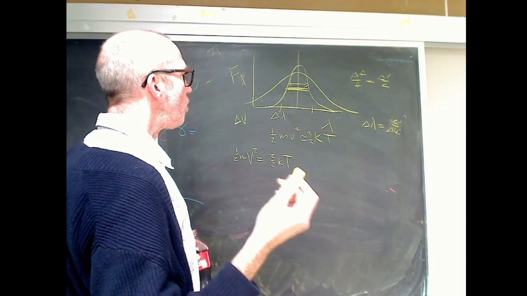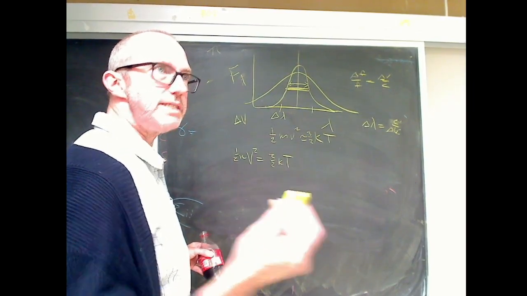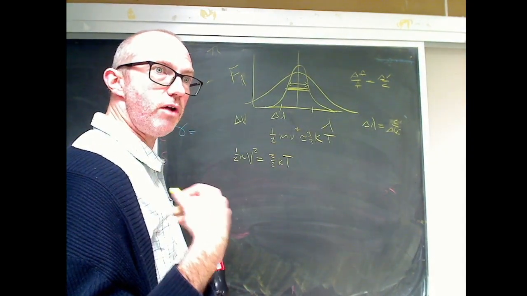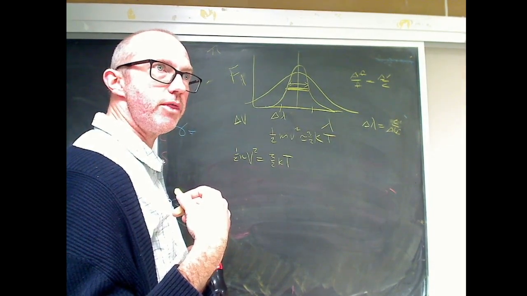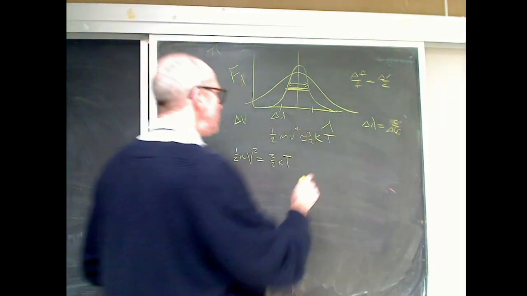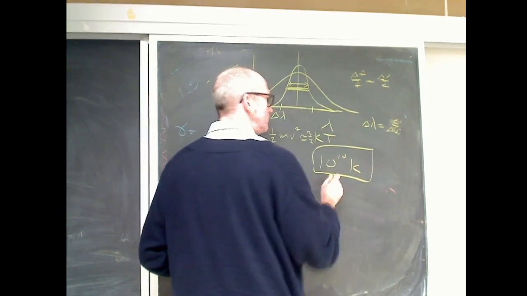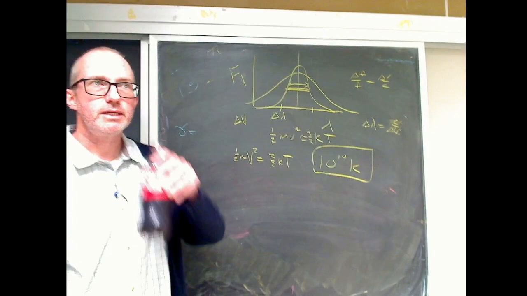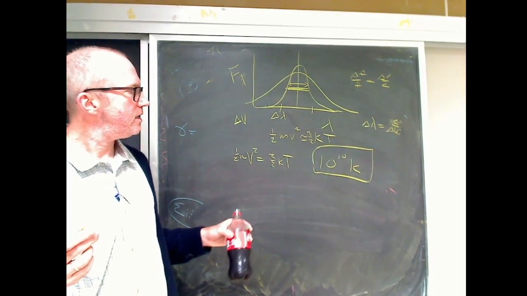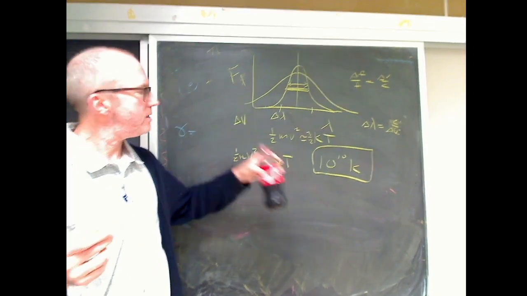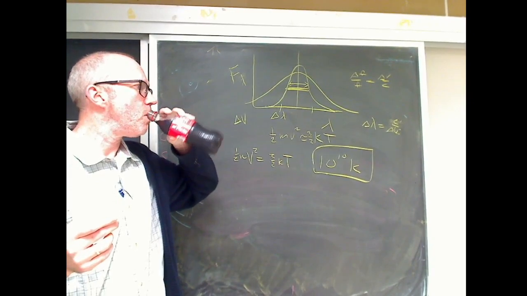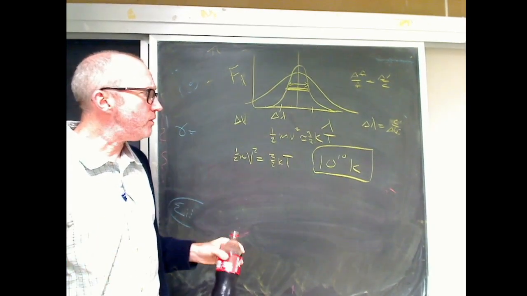So if I look at these broad line regions and I ask what temperature would give me that line if all of that line width were from the thermal energy, then I would get a temperature of like 10 to the 10 Kelvin, which is too large. Why is this too large? Because anything this hot would be radiating like crazy in gamma rays and X-rays.